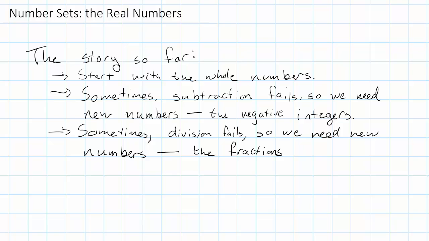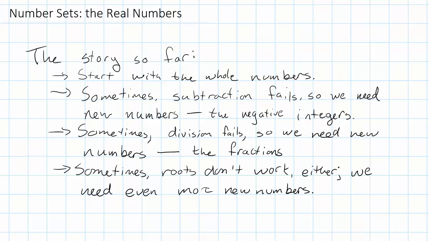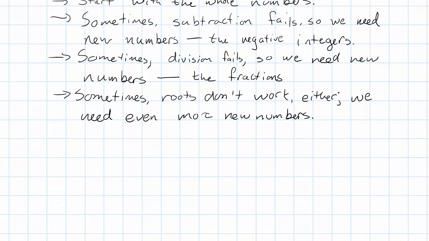Well, now we have a new thing that we've done, exponents, and we're trying to undo that thing, taking roots. And guess what? Sometimes roots don't work either, and we need even more new numbers.